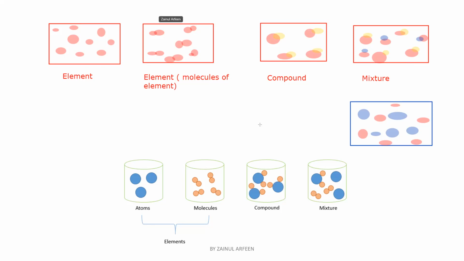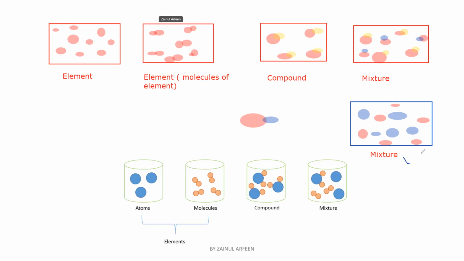Chemical combination means two or more atoms should join together. If it's a compound, then they should be joined together. But in this one, two different elements are mixed together. There is no chemical combination. That's why this is not called a compound. This one is known as a mixture.